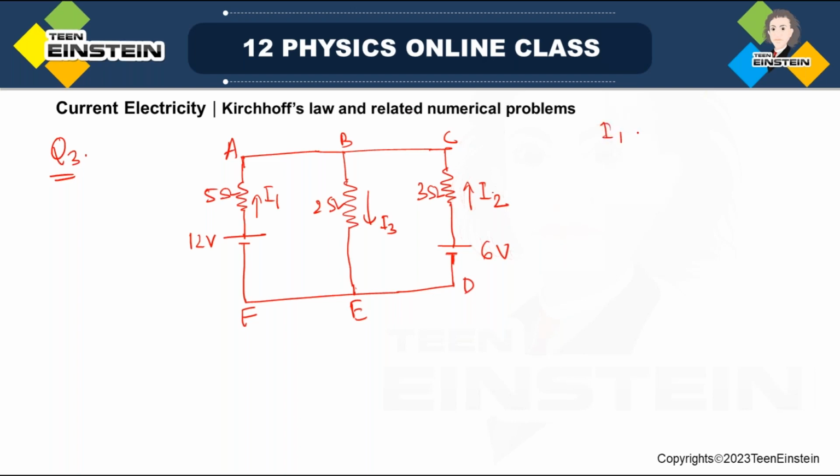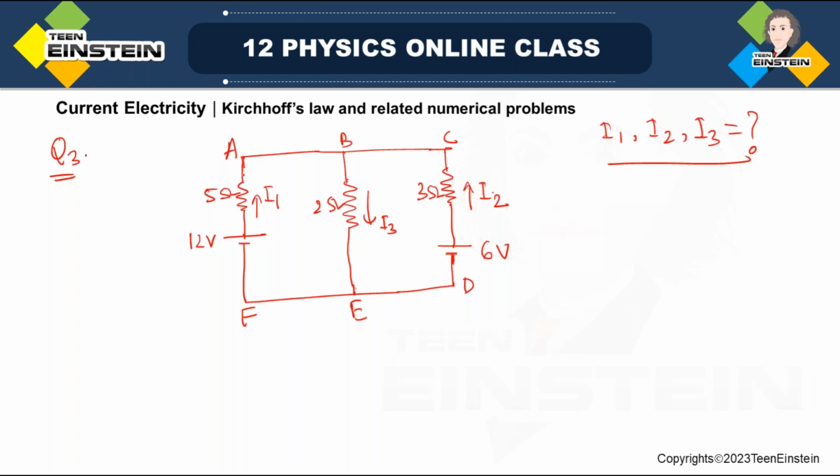So you have to find out the values of I1, I2, and I3, using Kirchhoff's law. So this is very simple, right? No need to worry about directions. The directions are already given, and current also.